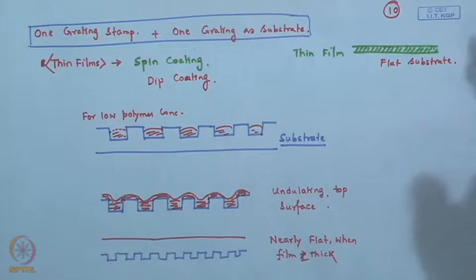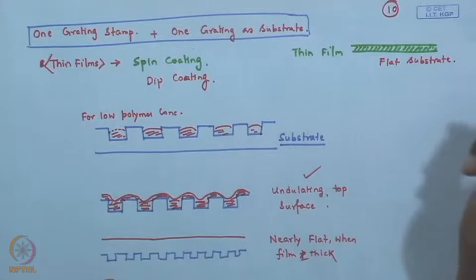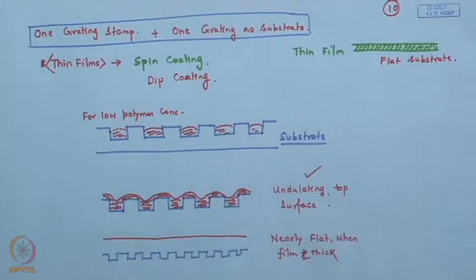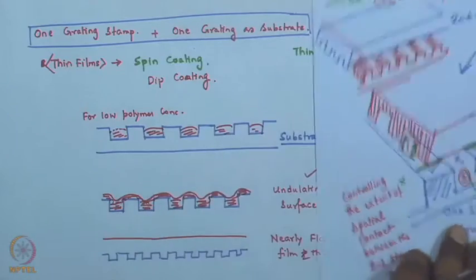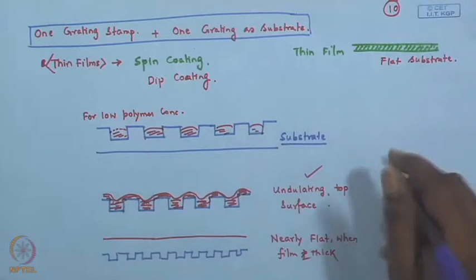Okay. So, this is the general notion we had, and eventually in this case what would happen is that once you get to this configuration, then you place a stamp where the grating is perpendicular to the direction of the undulations.